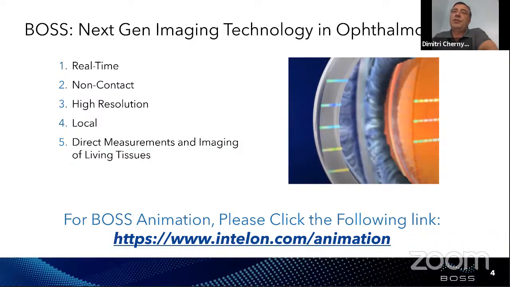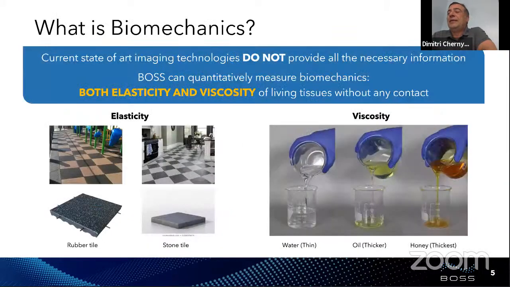So the big advantages are it's a real-time, non-contact, high-resolution, localized way to directly measure and image living tissues. So it's kind of an OCT on steroids, if you want to think about it that way, that allows you to measure at least one component of elasticity, which is the longitudinal modulus, as well as assess viscosity.